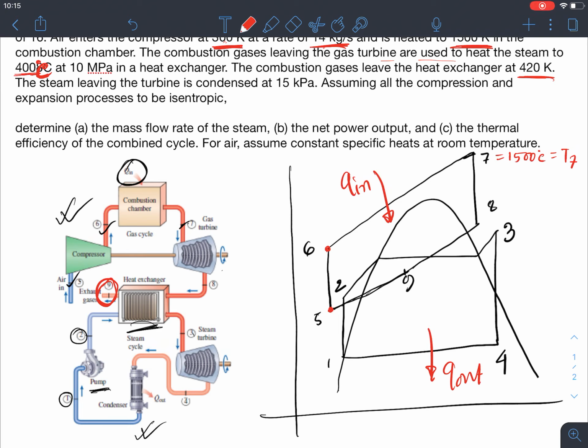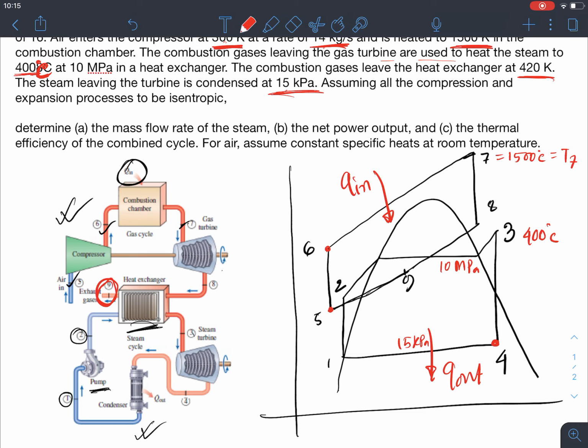They're also telling us that the steam leaving the turbine is condensed at 15 kilopascal, so leaving this line is 15 kPa. This is 10 MPa, this is 1500 degrees, and this is 400 degrees Celsius.